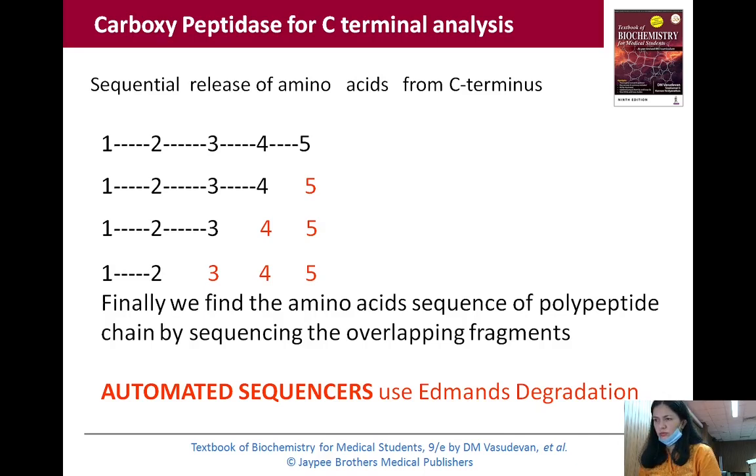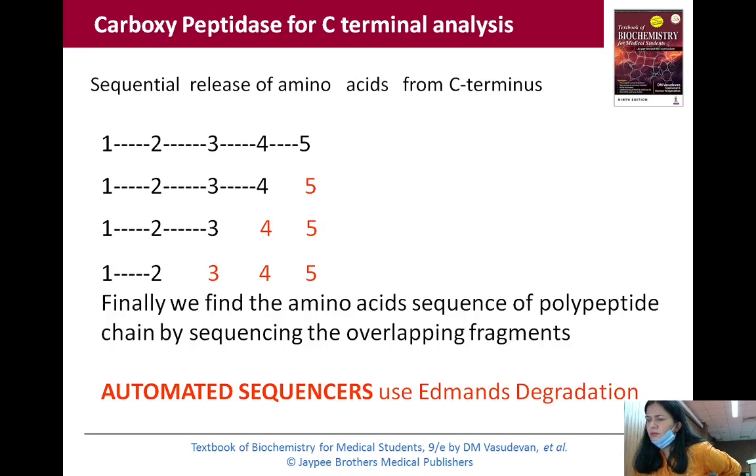We can determine the sequence either by starting from the N-terminal amino acid or from the C-terminal. For C-terminal, we will add carboxypeptidase. Okay. For N-terminal? For N-terminal, there are 3 things that we can add.